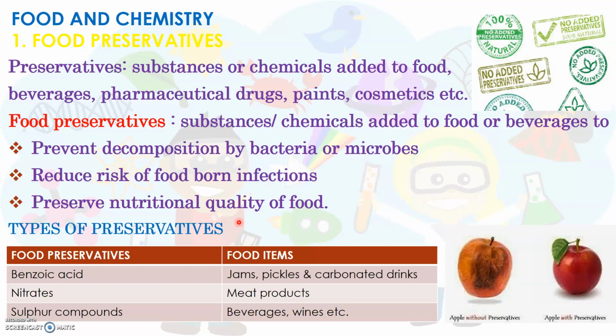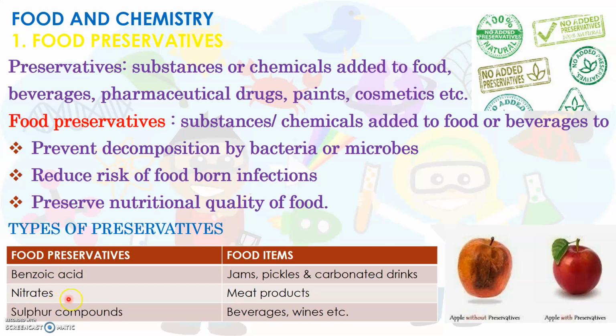There are a number of food preservatives that are used in various food items. Let's see some of the most commonly used food preservatives. First is benzoic acid. Benzoic acid is a preservative that is commonly used in food items like jams, pickles, and carbonated drinks or fizzy drinks like Pepsi, Coke, Sprite, etc. The next food preservative is nitrates.